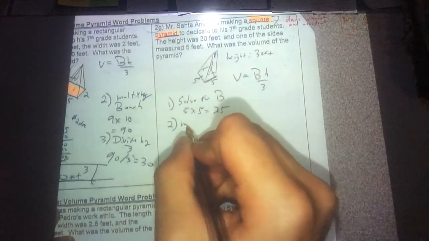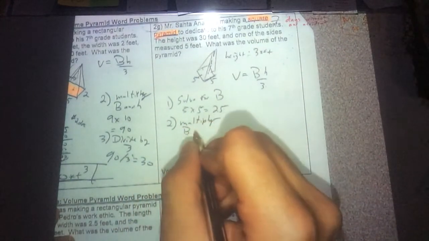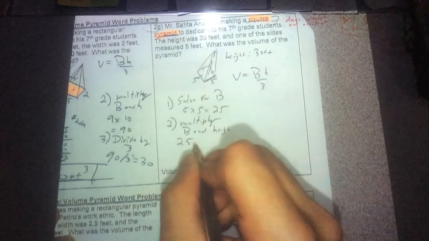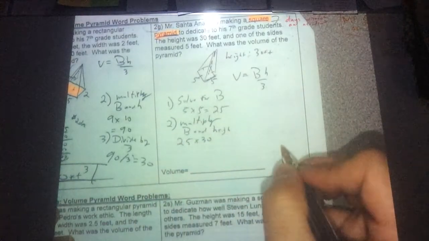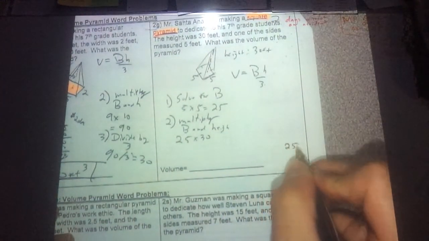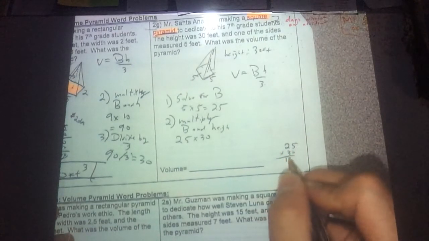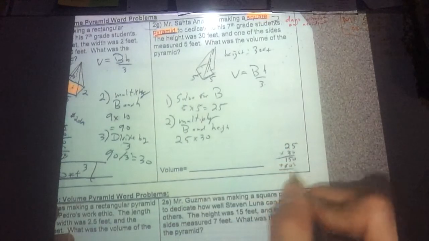Step 2, multiply B and the height. So that's going to be 25 times 30. So I'll go ahead and do that multiplication right in this corner. 25 times 30. 3 times 5 is 15, but a placeholder of 0, and 600.